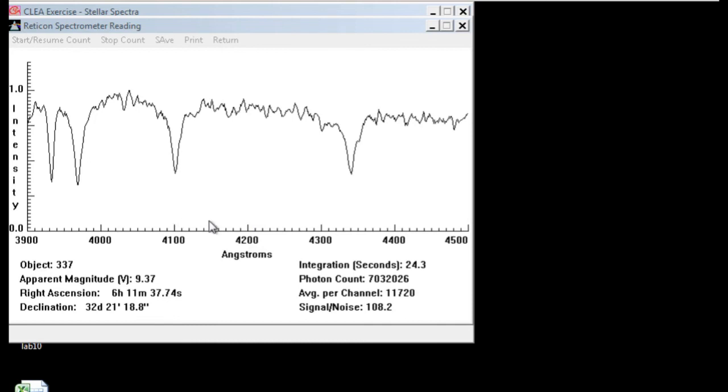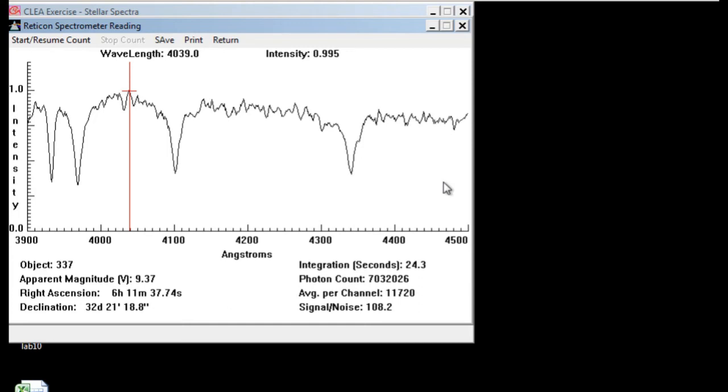And we've already done the next step, which is to take a reading. So just like what we did before, we can work with the spectrum. We can record what it looks like, and we can also find the wavelength and intensity for certain absorption lines as well as certain peaks. So our peak is probably right around here, and then there's these four main absorption lines.